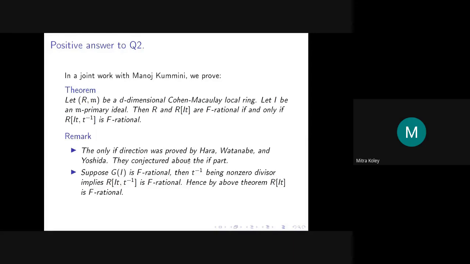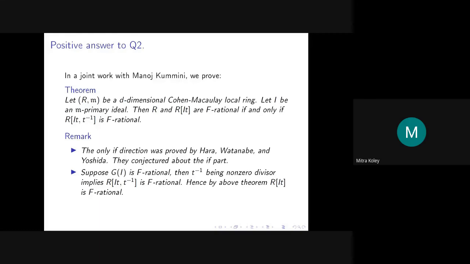Remark that the only if direction, that if we assume the base ring R and the Rees algebra are F-rational then the extended Rees algebra is F-rational, was proved by Hara, Watanabe and Yoshida, and they conjectured the if part. They conjectured it because this theorem has an analog in rational singularity, which they mention there also.